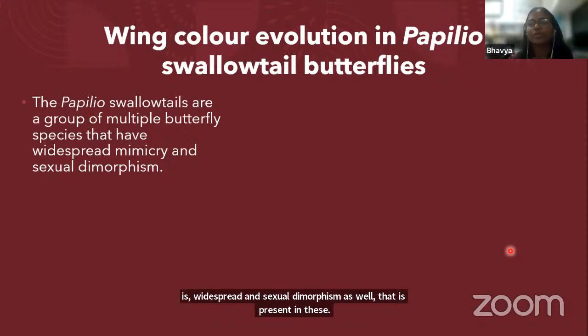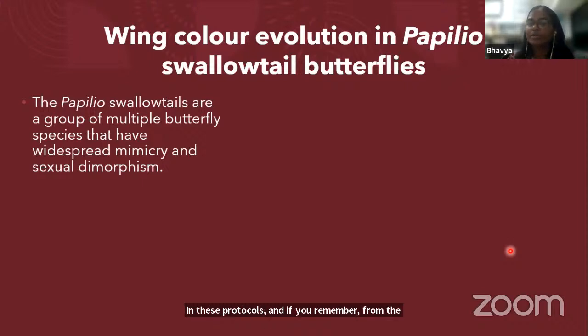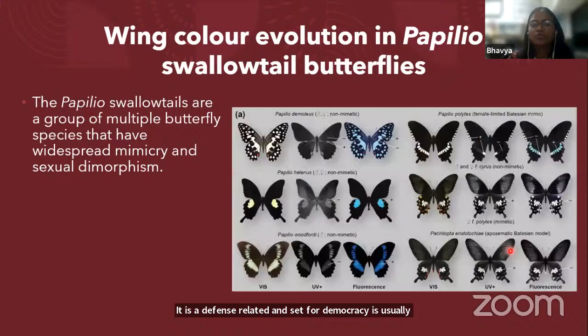If you remember from the previous slides, mimicry is defense related, and sexual dimorphism is usually sexually selected or used in intraspecific communication. So here I'm just trying to illustrate a few of the species of Papilio butterflies that we see, where we have non-mimics, basically no mimicry, in these three rows here.